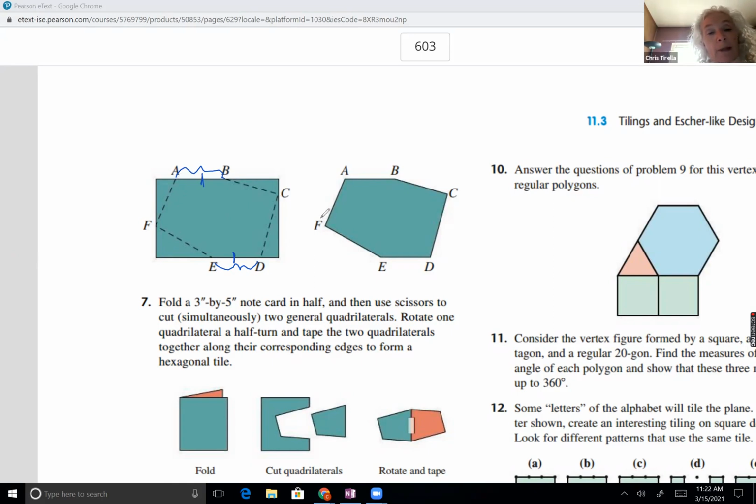Draw those lines. Cut out your index card. And then see if on a sheet of paper, the way we did with our translations yesterday, we could tile the plane. We could trace over that and completely fill in the sheet of paper with these odd shaped hexagons. So it's actually more of an arts and crafts type of thing.